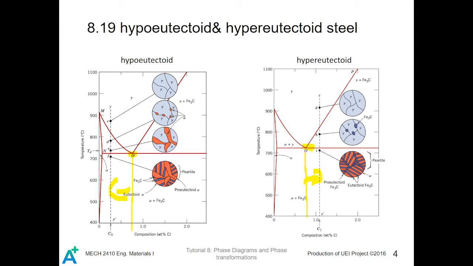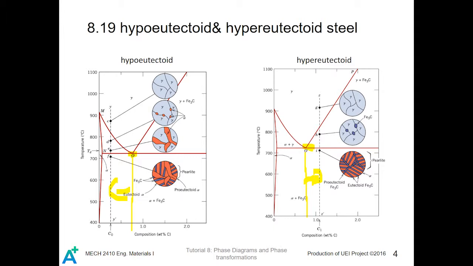At the left of the eutectoid line, it is hypoeutectoid steel, and at the right of the eutectoid line, there is hypereutectoid steel. By definition, hypoeutectoid steel consists of a little bit more alpha phase, and hypereutectoid steel consists of a little bit more Fe3C than eutectoid steel.